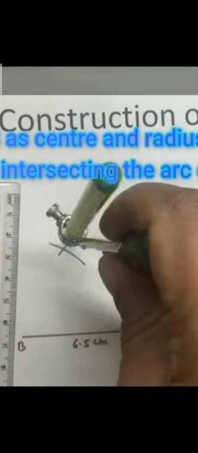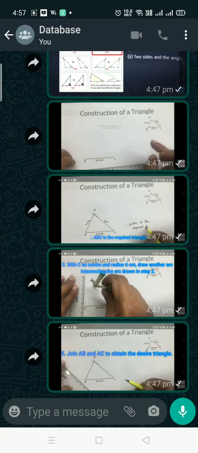You have to draw the arc in such a way that it intersects the arc which is already drawn. You will get a point, and that point is your A. Then with a scale you just have to join AB and AC, and your figure construction is done.